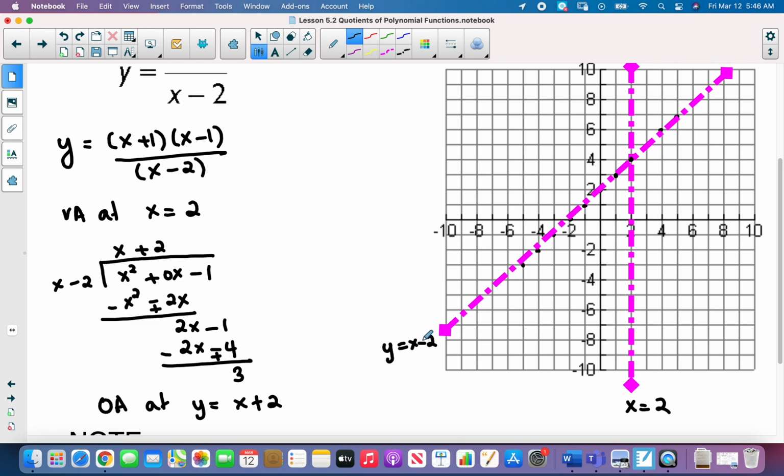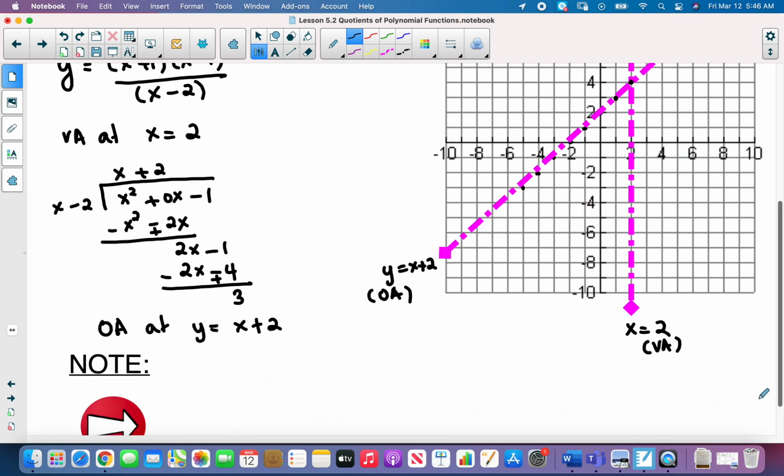So that's our oblique asymptote, and x equals 2 is our vertical asymptote. Those are the two asymptotes in this case, or the two discontinuities in this case.